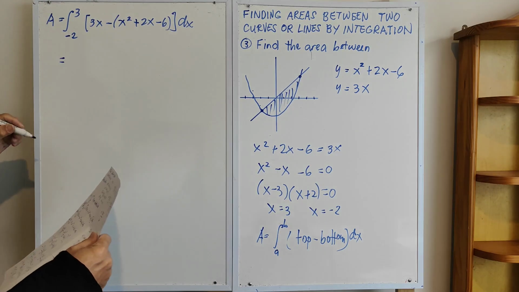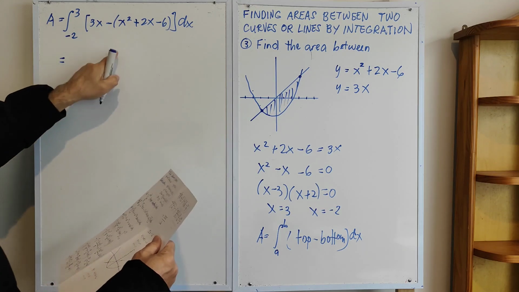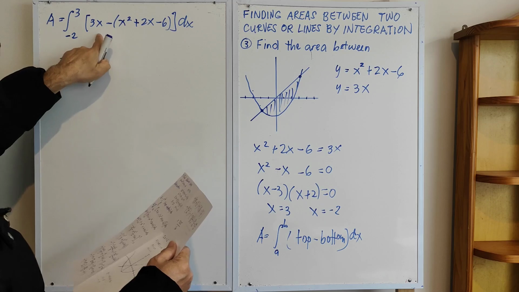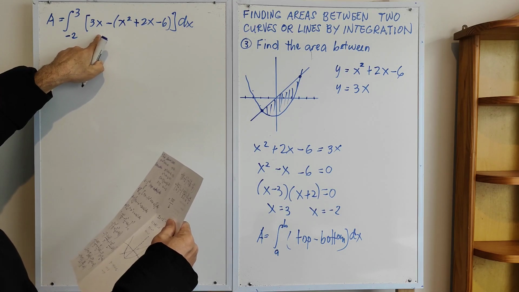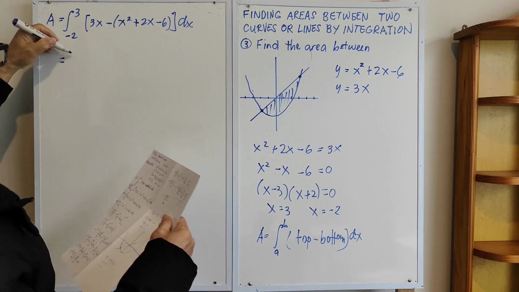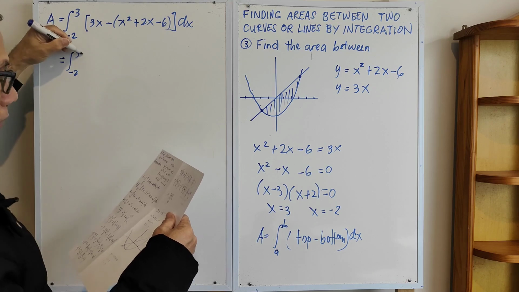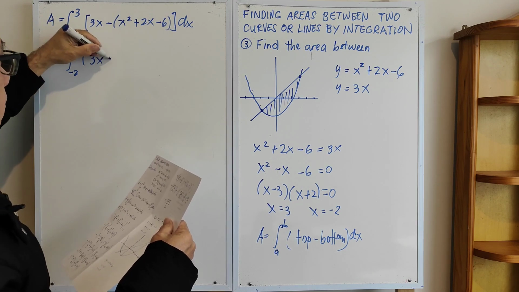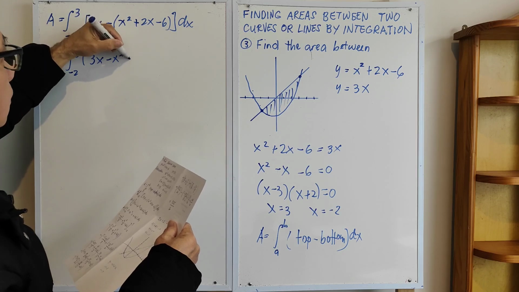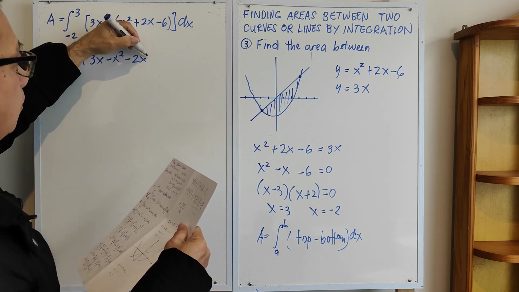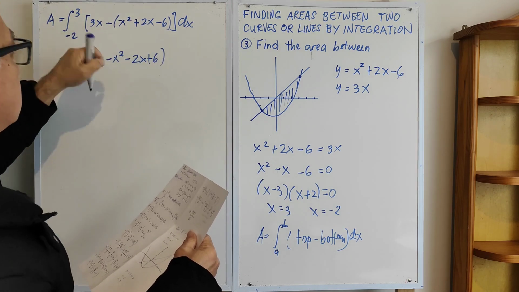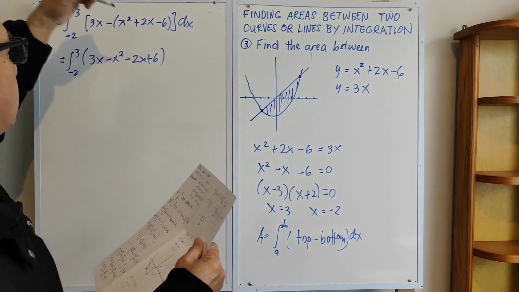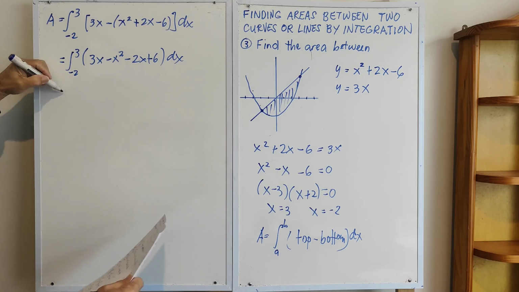So then, if we combine this one, it will become 3x minus x squared minus 2x plus 6. I just distributed the negative sign, dx.